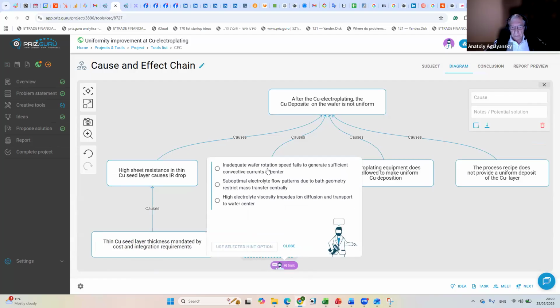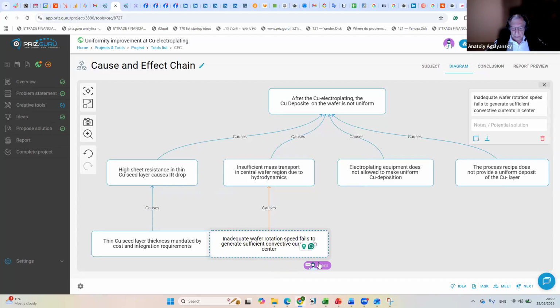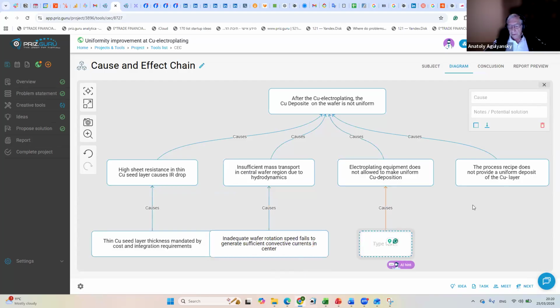Okay, inadequate wafer rotation. Electrolyte viscosity, I don't think so. Okay, let's pick up this. And what about this? What about equipment?